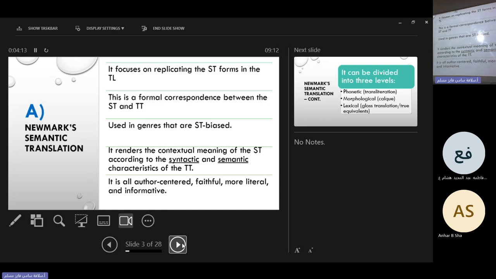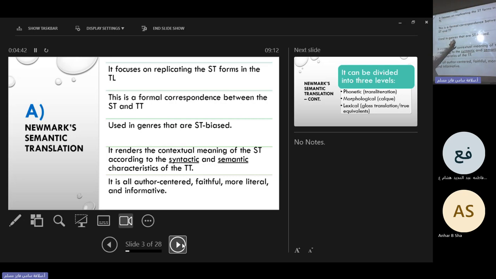All right, so its focus is to replicate, to copy the source text into the target text. This is a formal correspondence, meaning a literal translation between the source text and the target text.